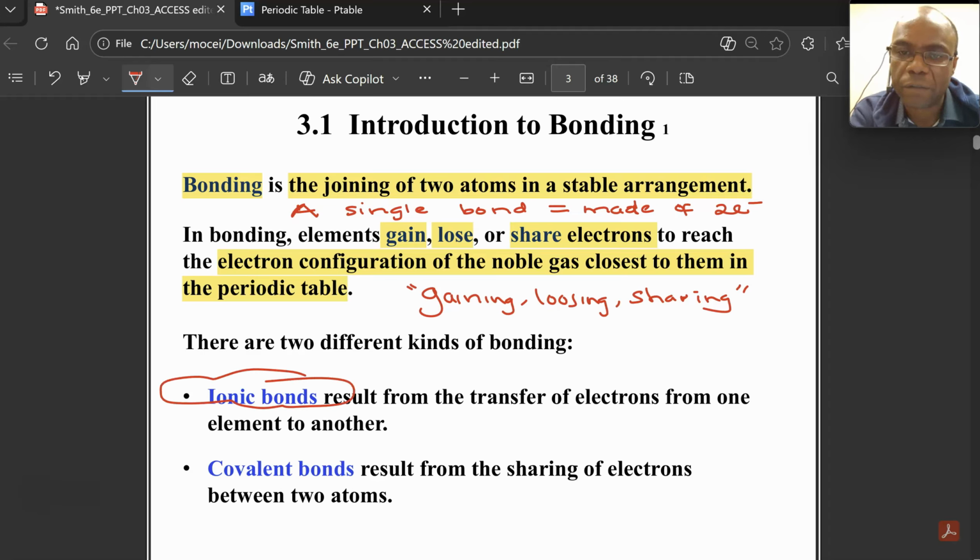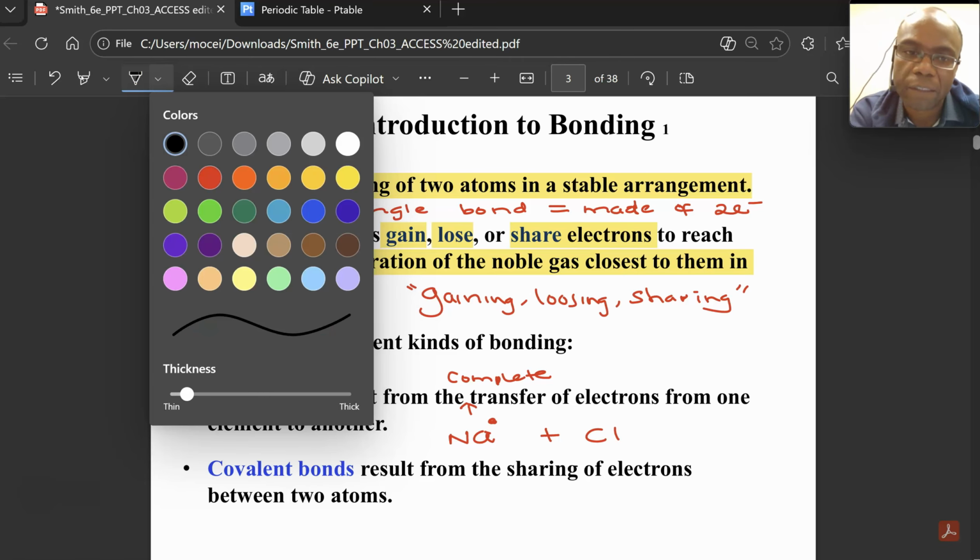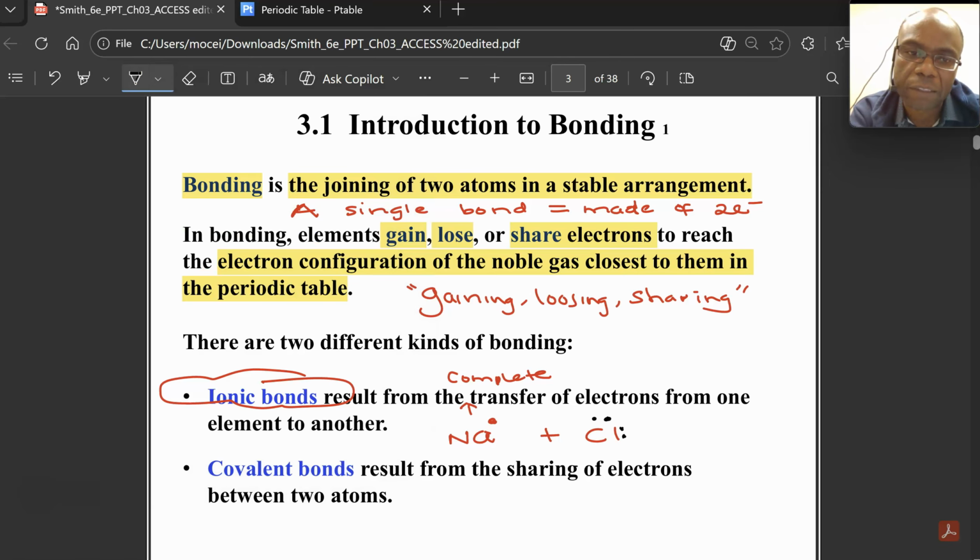There is the ionic bonding, which results from the complete transfer of electrons from one element to another. Remember, sodium has one valence electron. Chlorine, on the other hand, has 7 valence electrons. It is in main group 7. I'm just showing the outermost electrons in the outermost shell.